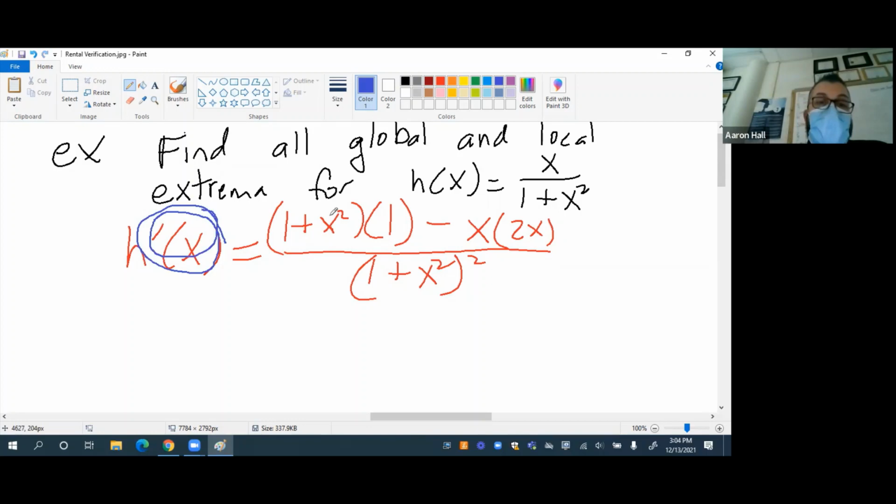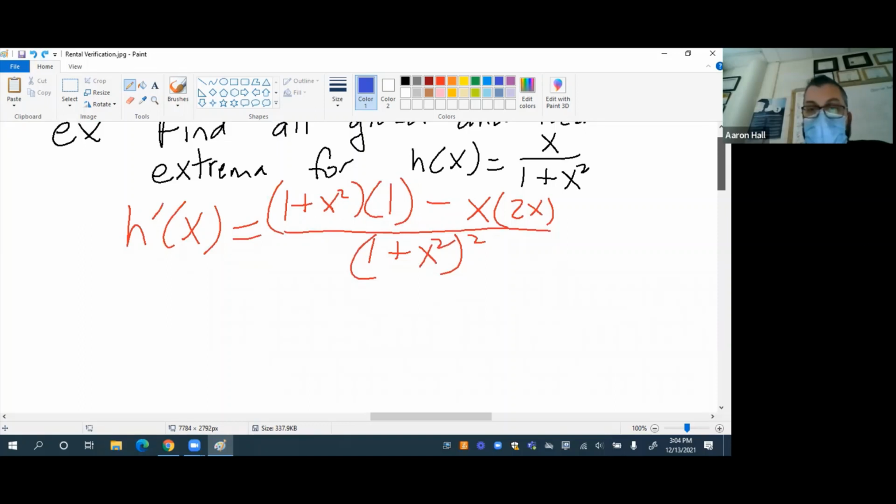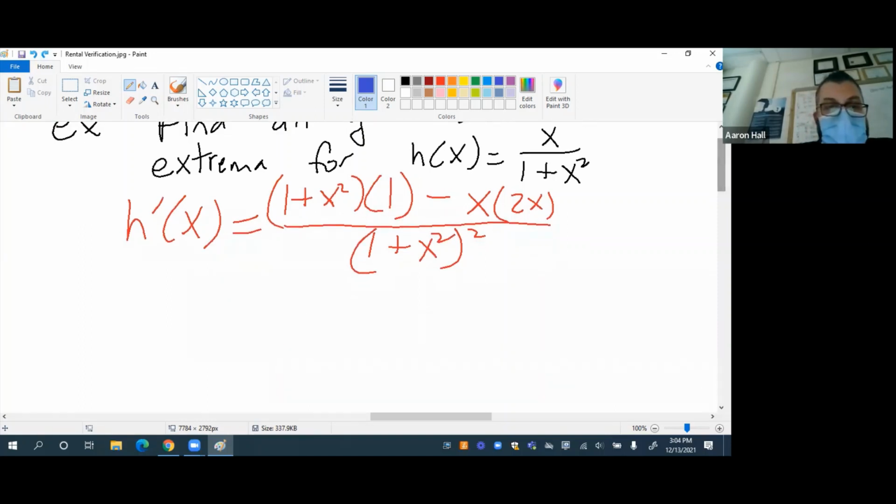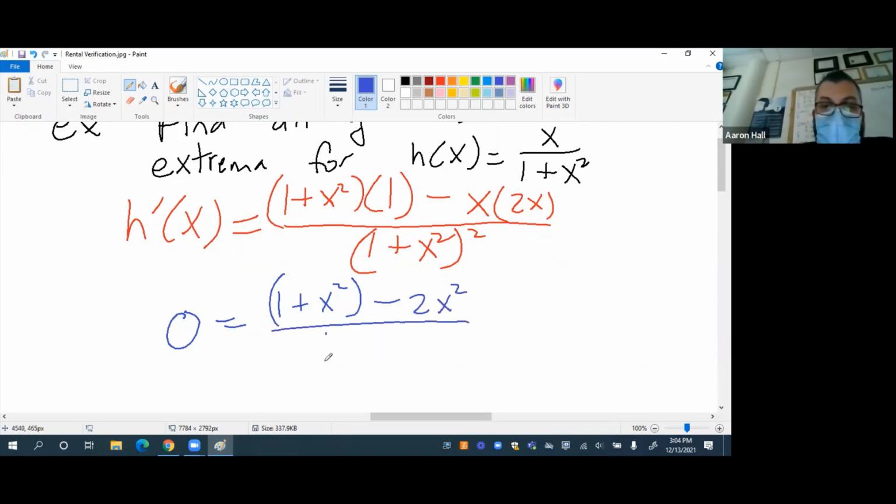We want to know where, meaning our x values, where we have a slope of 0. So I have 0 equals 1 plus x squared times 1 minus 2x squared. Are you okay with that? Yeah. Over 1 plus x squared all squared.